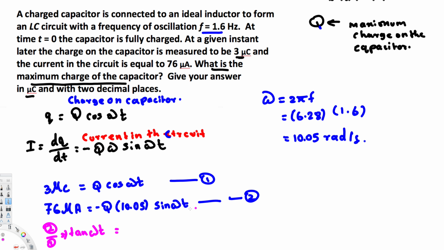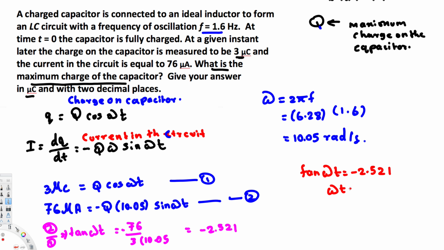So the 76 is going to be on top, 76 divided by 3, and this is going to be divided by 10.05. If you calculate this, you will get negative 2.521. So we know that tan omega t is equal to negative 2.521.